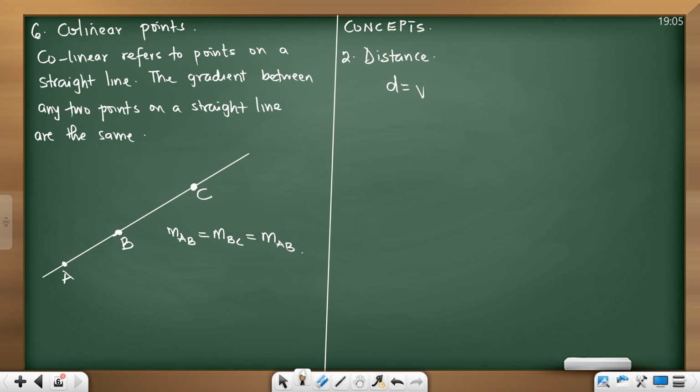D equals the square root of (x2 minus x1) squared plus (y2 minus y1) squared. We did this in grade 10. We just throw in our formulas there. Number 2 concept is the concept of distance.